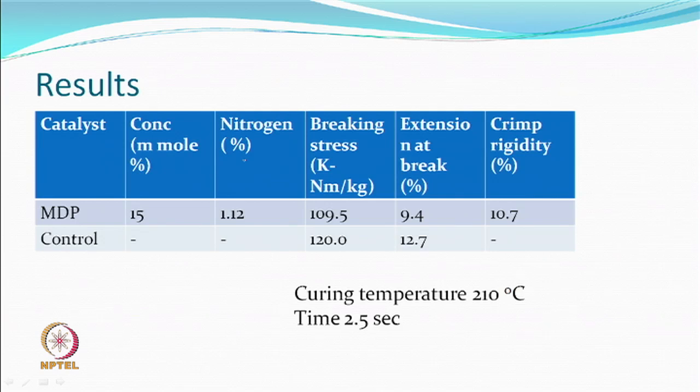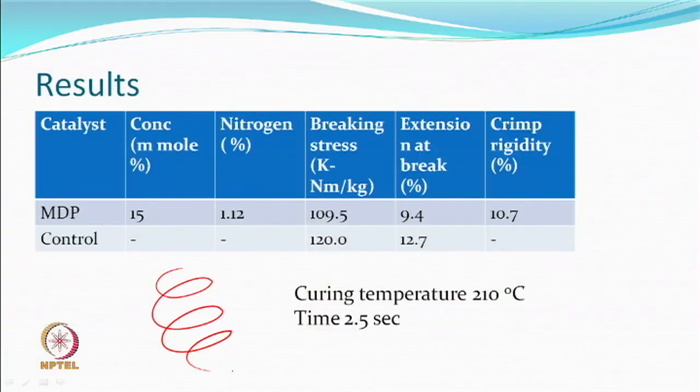Some concentration, measurement of nitrogen has been done, because when the cross-linking agent gets added, you do have nitrogen also getting added. So, you can measure nitrogen. Some strength loss you can see, from a control of 120 to 109. Extension at break also reduces and some crimpiness has been obtained.